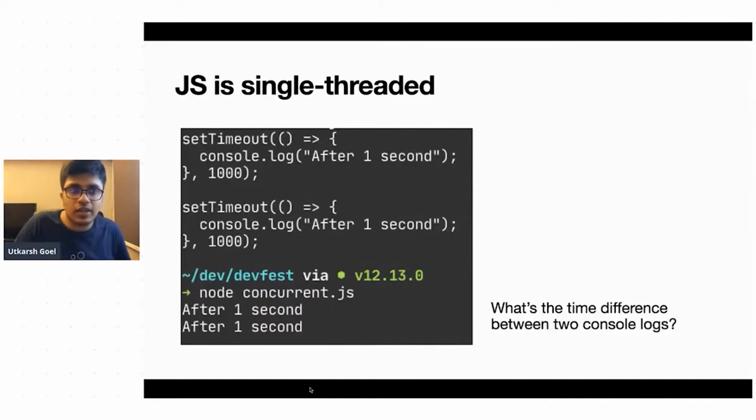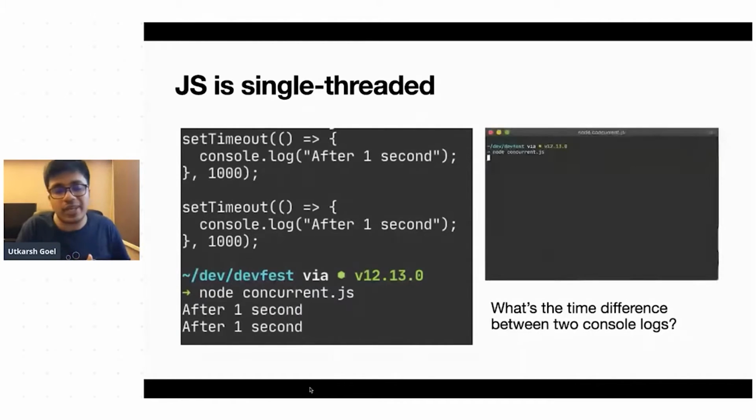If we understand the mechanism we just went through, it actually does not take any time at all between the 2 console logs. That's because there is some magic happening in the runtime API. It's running these timers concurrently so that you can get this asynchronous behavior of JavaScript.